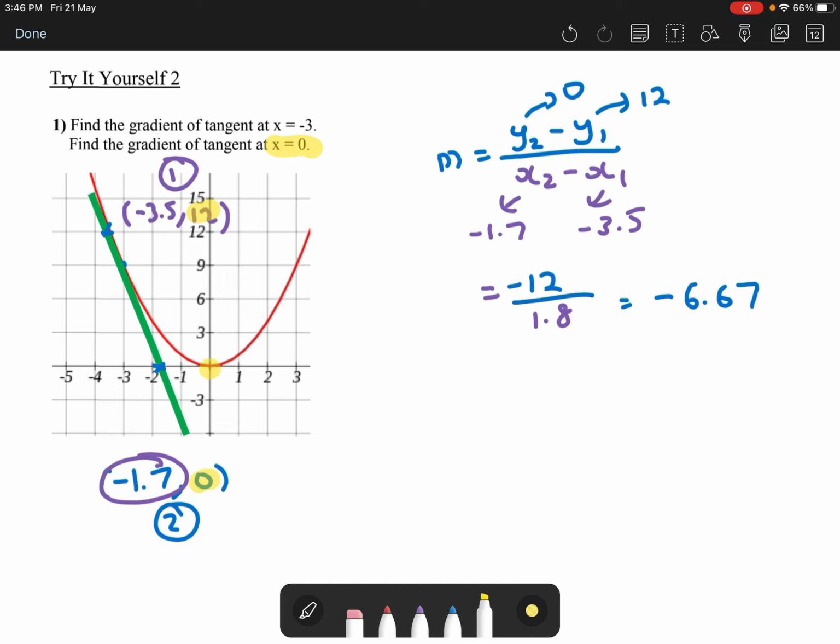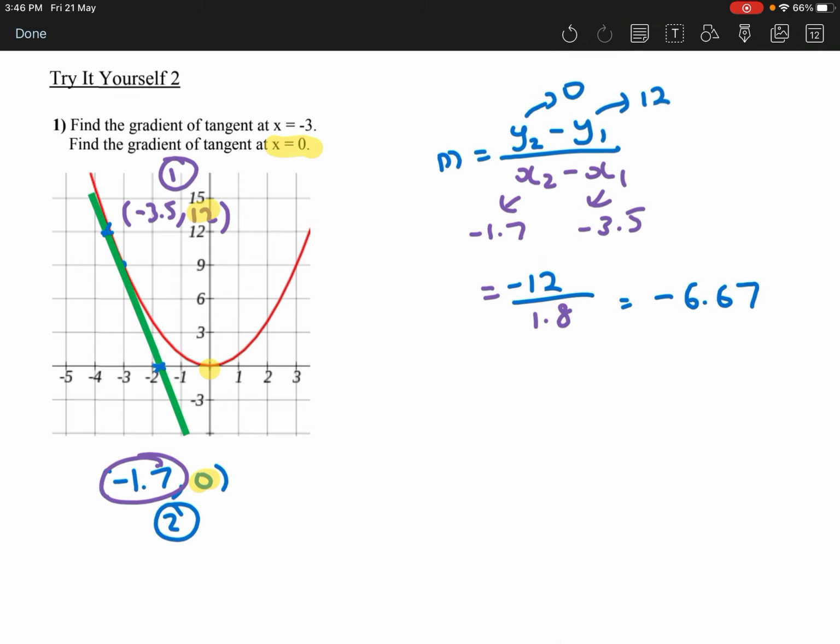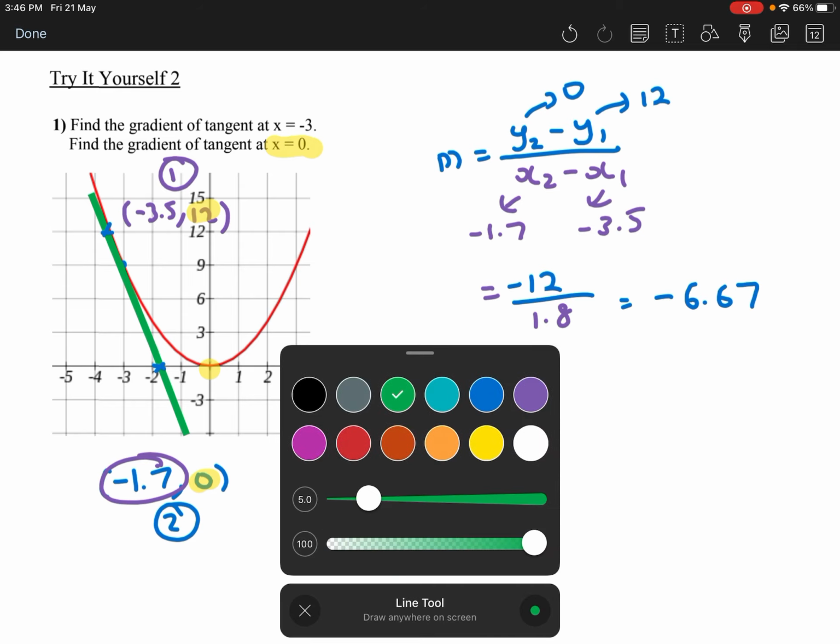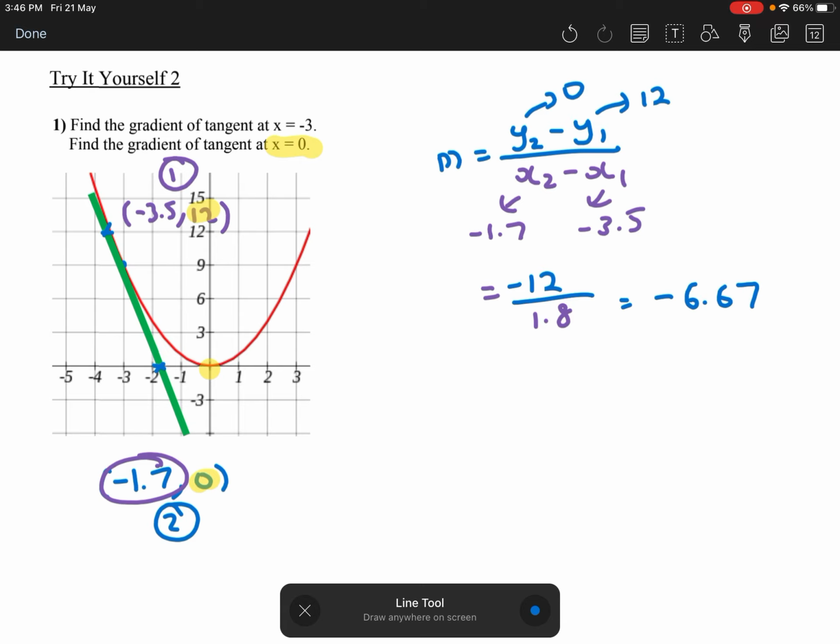Next, find the gradient of the tangent at x equal to 0. x equal to 0 is right here, and notice that this is what we call the turning point. So let's draw a tangent.